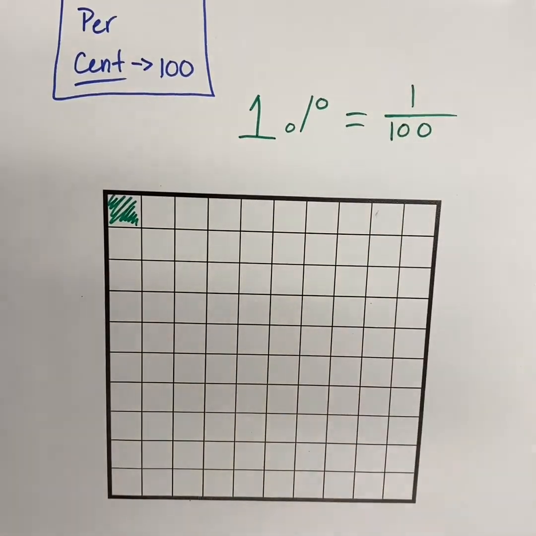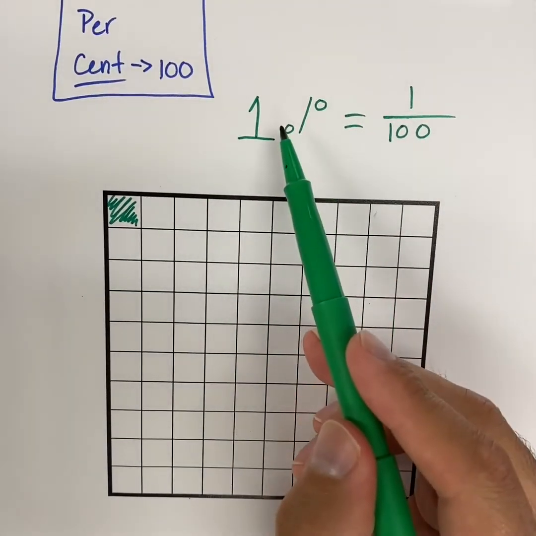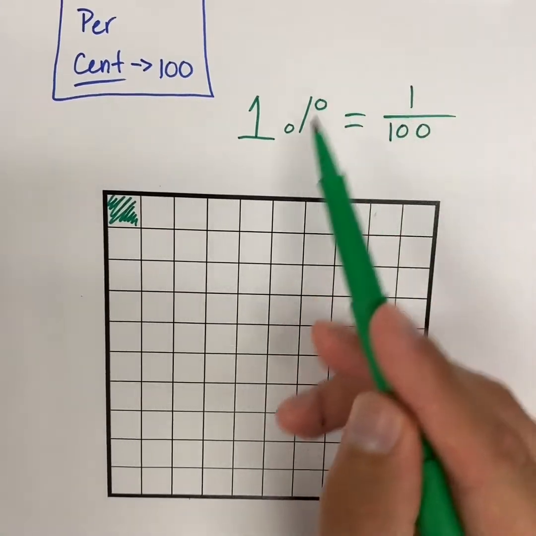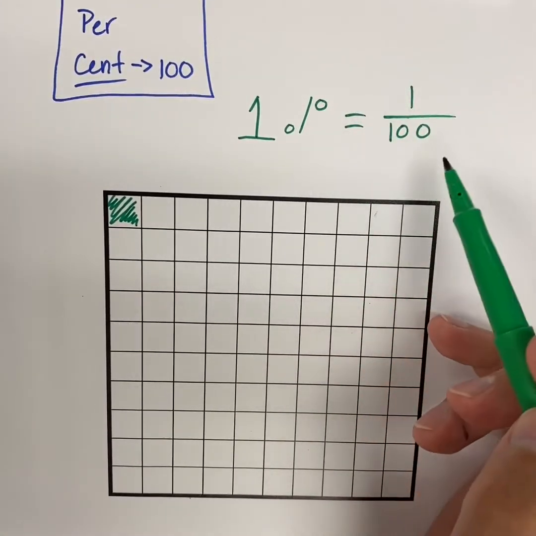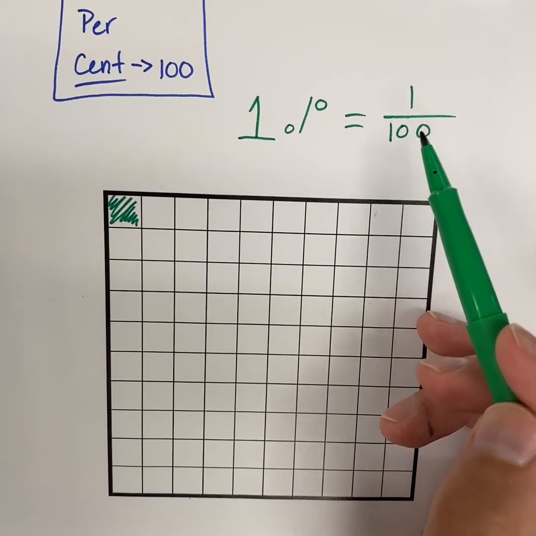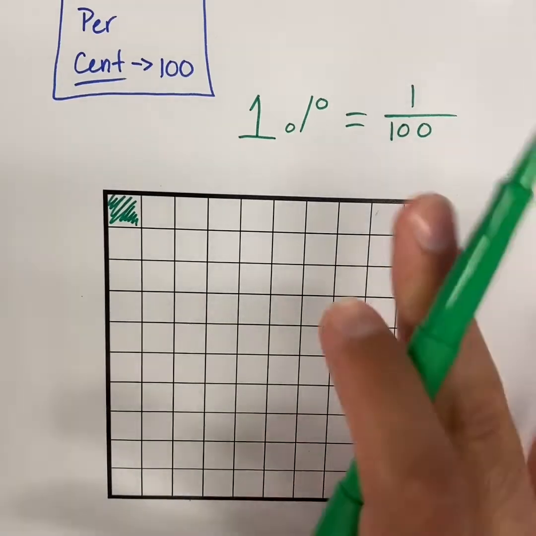And we put this right here. So this is a percent, and here is a fraction. Remember, we can also write a ratio in fraction notation, and it would look exactly like this. So this is why we say that percents, ratios, and fractions are all interconnected.